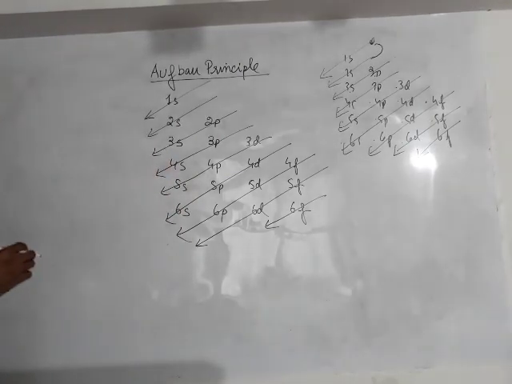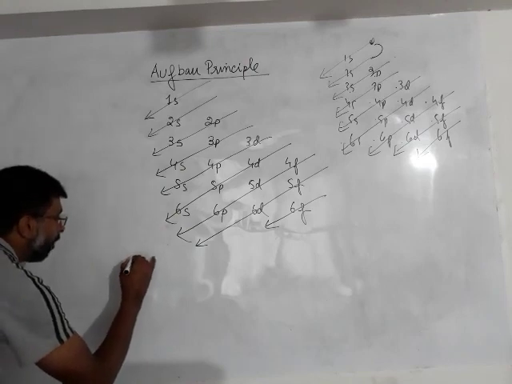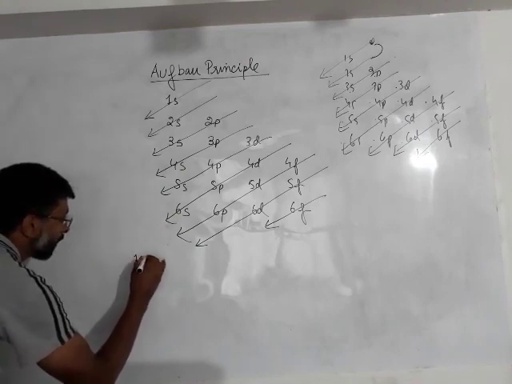So I am writing the increasing order of energy of the orbitals now, like this. 1s.